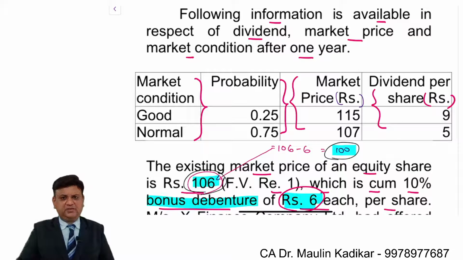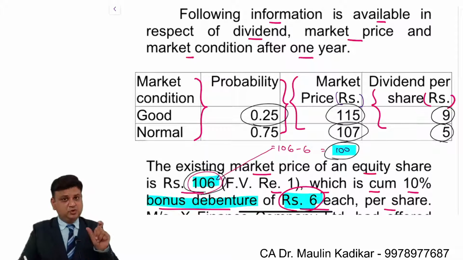So what do we understand over here? Return will be found like this: 9 rupees plus 115 minus 100, upon 100. That is the way the return will be calculated in the first 25% chances. 5 rupees plus 107 minus 100, that comes to 12, divided by 100 into 100.